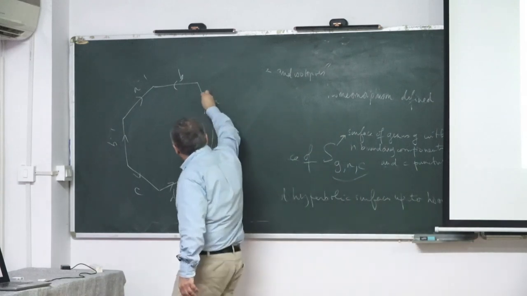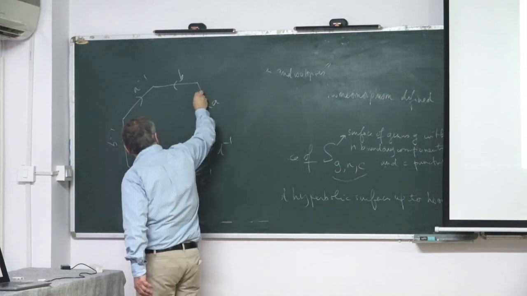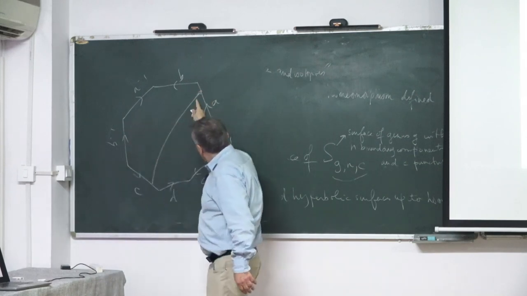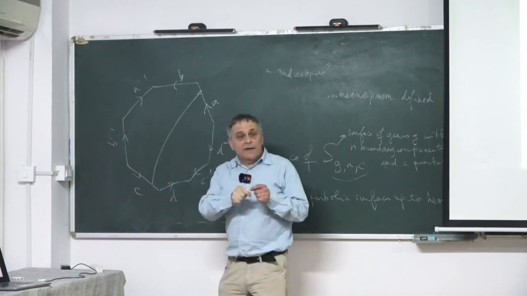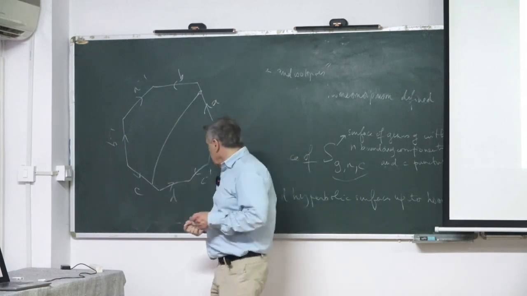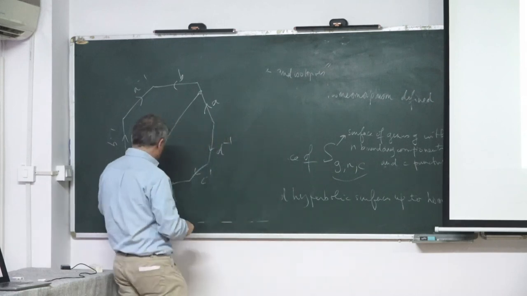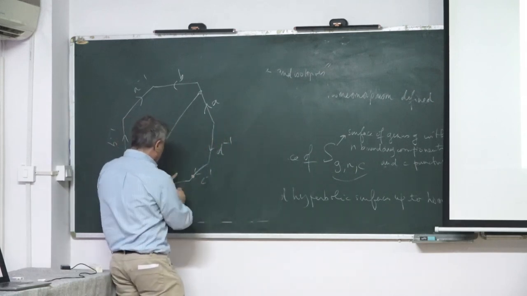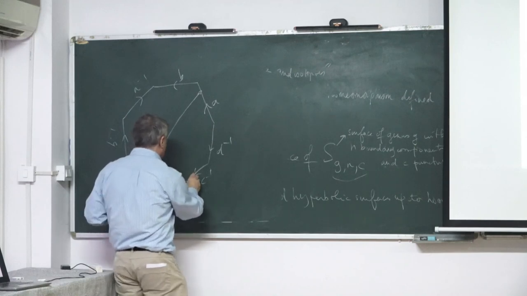For instance, I can start here and go there. It will give me an arc on the resulting surface. Okay, but this point will be identified with this point on the quotient, so I can continue.